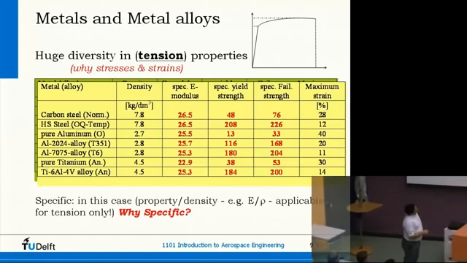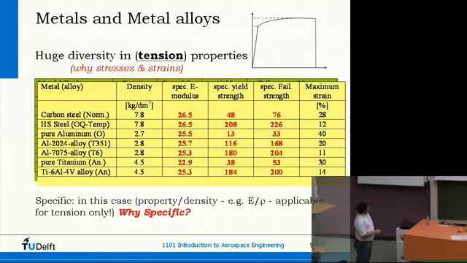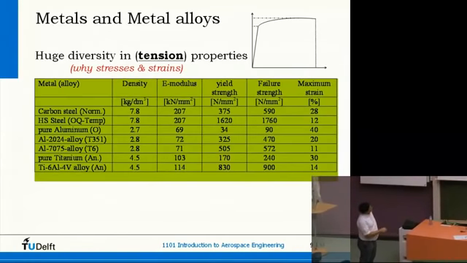Now, what's very striking here is that, first of all, most of these specific stiffnesses are more or less identical. If I go back, here you see large differences, but this large value is also divided by a large density.